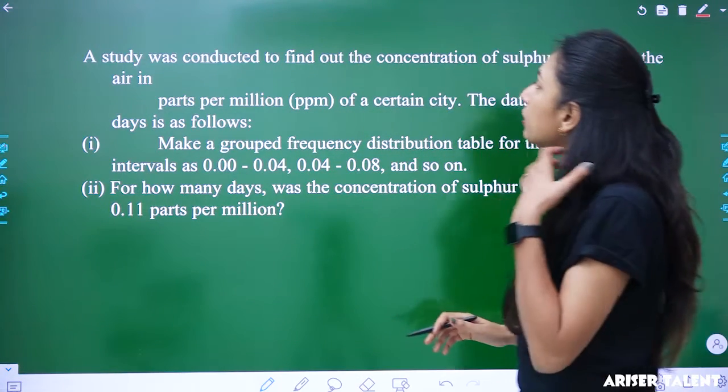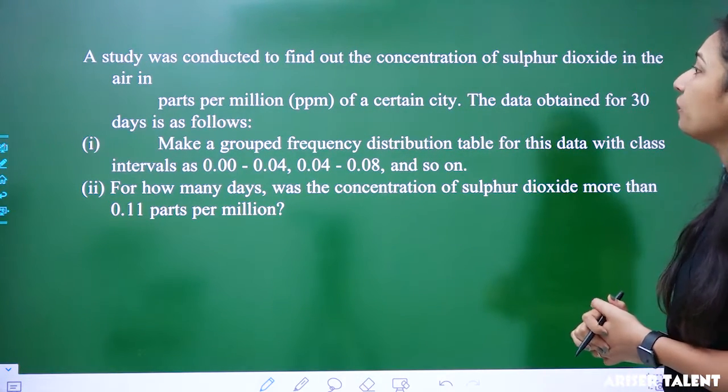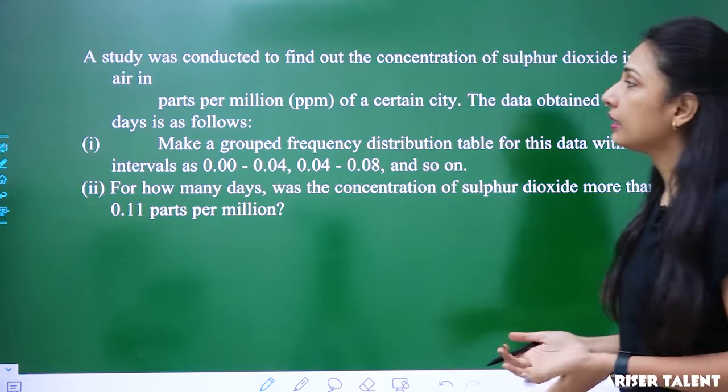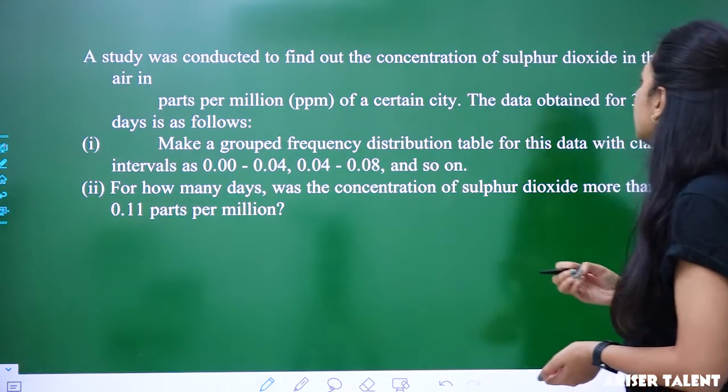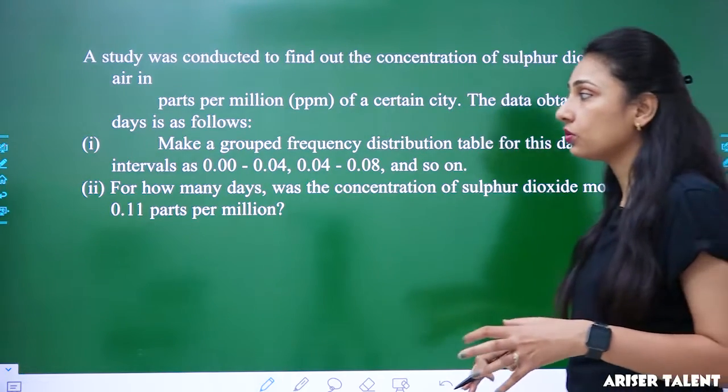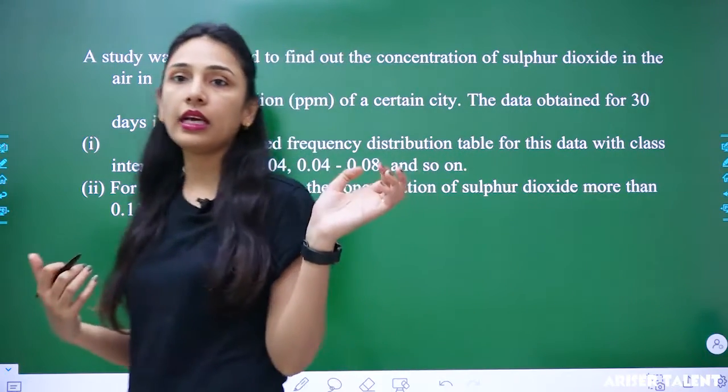A study was conducted to find out the concentration of sulfur dioxide in the air, in parts per million (ppm), of a certain city. The data obtained for 30 days is as follows. The data is in the next slide.